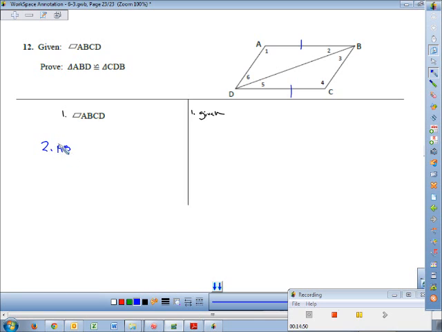Step 2. Segment AB is congruent to segment DC. Would I write down the definition of parallelogram for that? If I asked you what the definition of a parallelogram is, would you say that opposite sides are congruent? What is the definition of parallelogram? Two pairs of parallel sides.